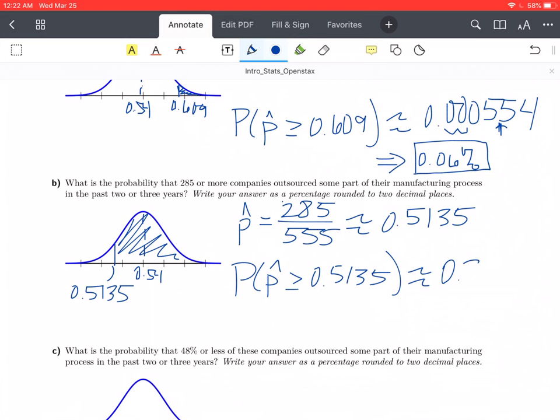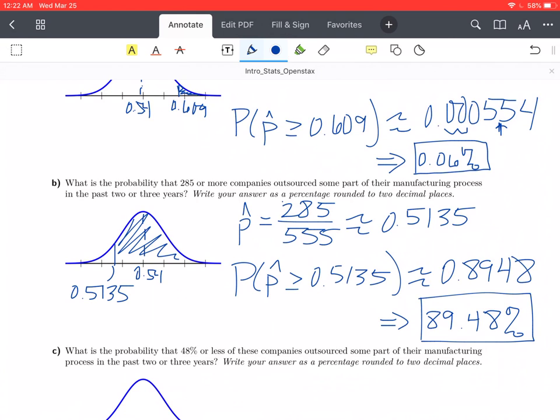So as a percentage, that would be 89.48%. So the likelihood that 285 or more companies outsourced is very high, almost 90% likelihood that 285 or more outsourced.